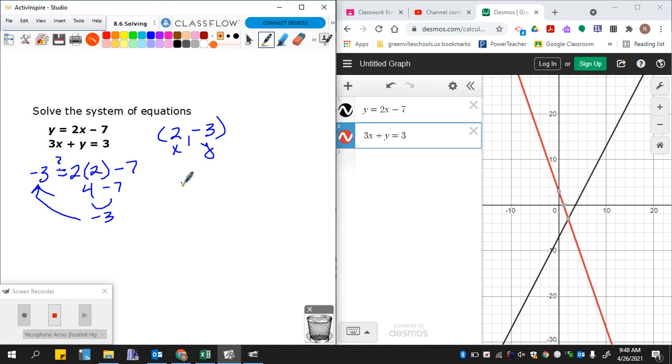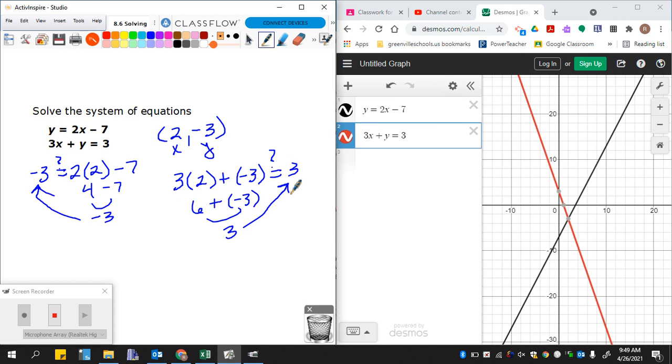And is 3 times x plus y equal to 3? Well, 3 times 2 plus negative 3 - 3 times 2 is 6, plus negative 3 is 3, and 3 is equal to 3.